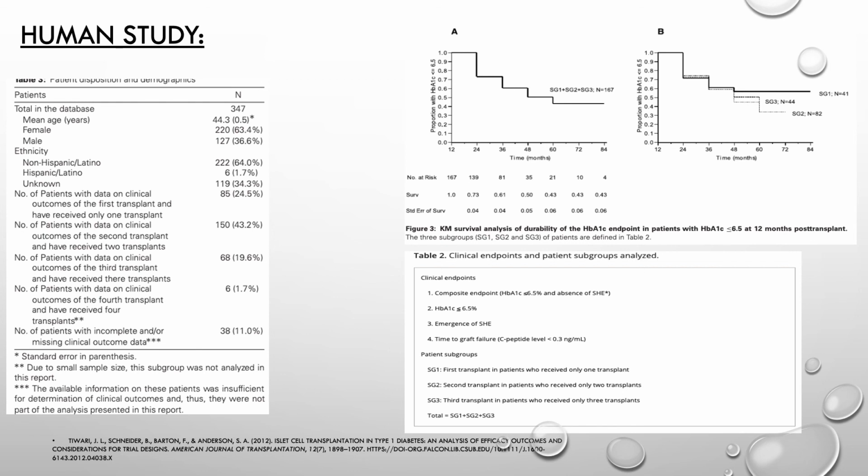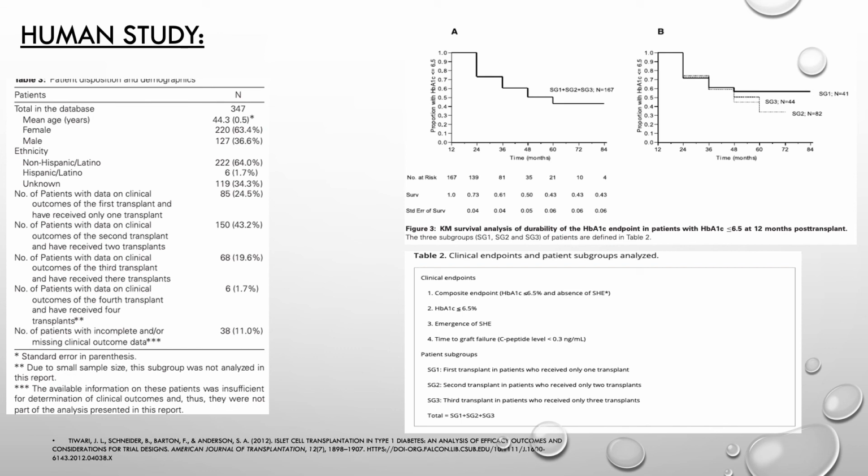So I added this human study, which was mainly the islet transplantation that they tried to see if it worked or not. And I inputted a table showing how the patients were grouped. Table 2, for example, table 5 to the left is showing what type of patients they used and what their history of previous transplantations were.